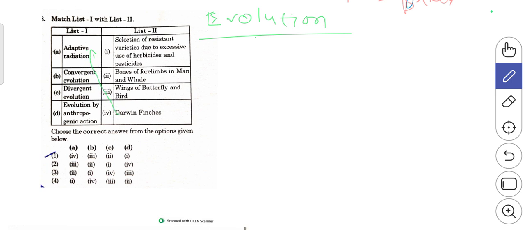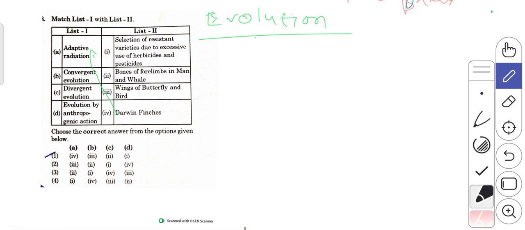It was clearly explained by Charles Darwin, the father of evolution. He observed different finches on a particular island, the Galapagos Islands. These Darwin finches got adapted according to changes in climatic factors. So adaptive radiation is understood by Darwin finches.